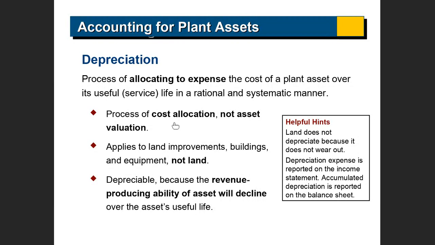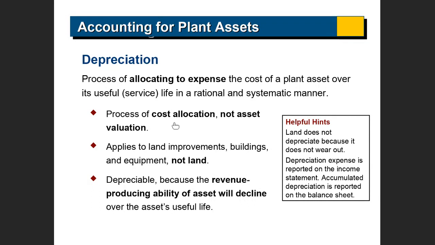Meaning, if you buy an equipment for $10,000 and it has a useful life of 5 years, and you use straight line depreciation, and you're recording $2,000 as depreciation expense every year and recording $2,000 as accumulated depreciation every year, that doesn't mean that your equipment reduces in value $2,000 every year.